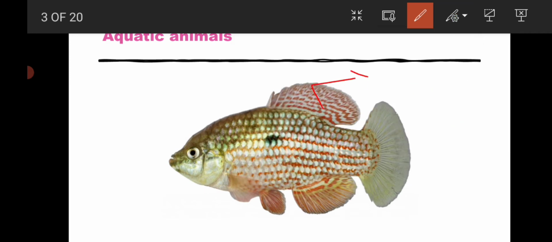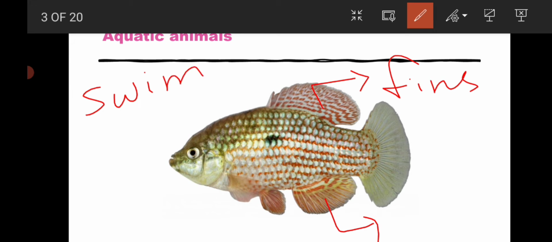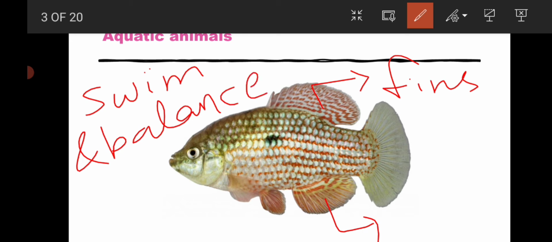Next, these are the fins. We call them dorsal and ventral fins, and the types of fins you will learn in the higher classes. These fins help to swim and balance the body of the fish while it swims or when it is in the water.